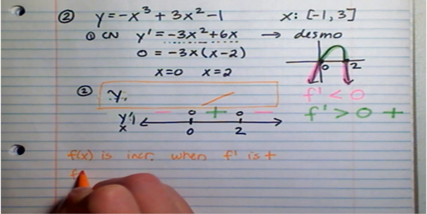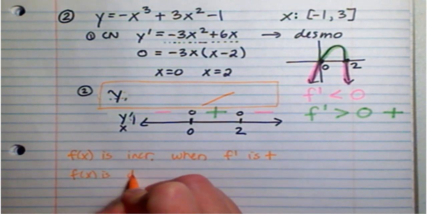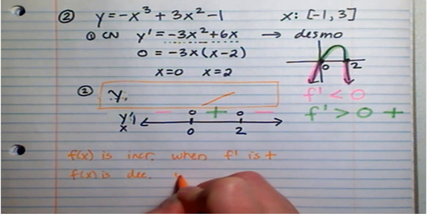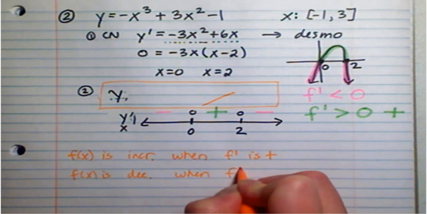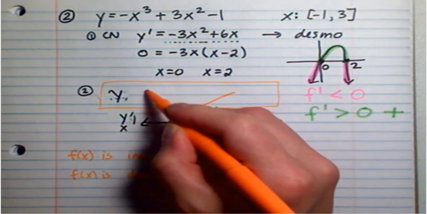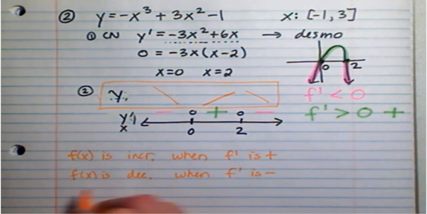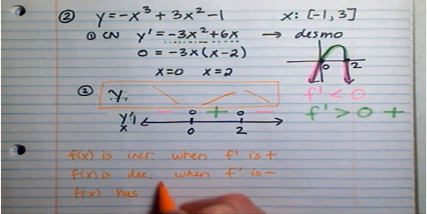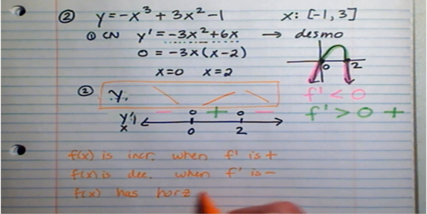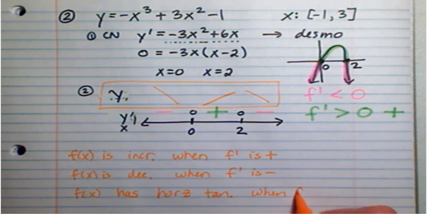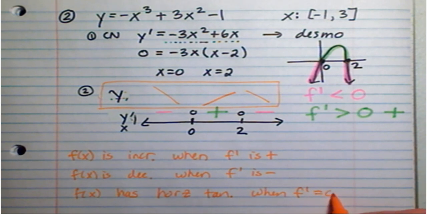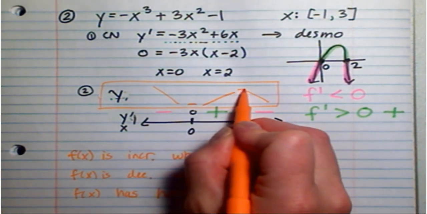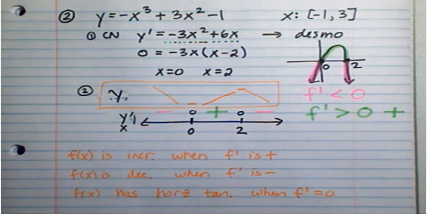Okay, f of x is decreasing when f prime is negative. Okay, f of x has a horizontal tangent when f prime is 0. Okay, so that just gives me a little bit of an idea of what it looks like.